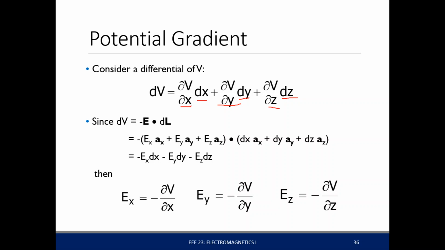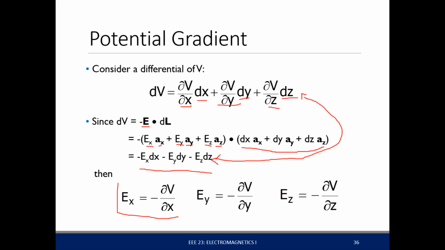Okay? Since dV is equal to negative E dot dl, and E is expressed as Ex ax hat, the X component, Ey ay hat, the Y component, Ez az hat, your Z component, dotted with your differential Cartesian length, it results in this expression right here. So, comparing the values of this to this, you'll get these three separate expressions.